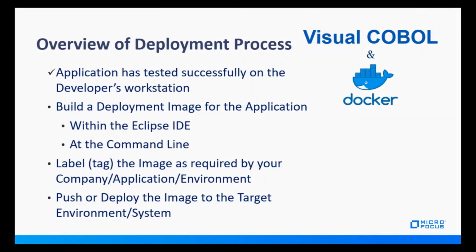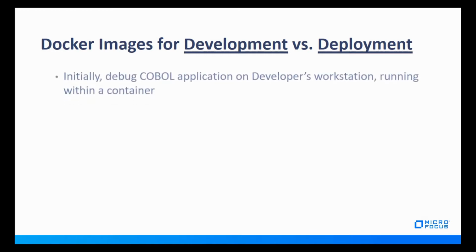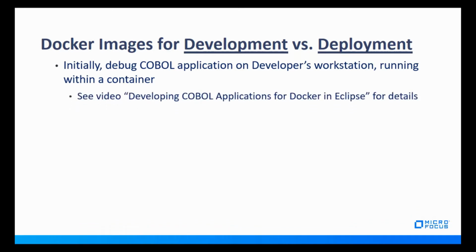Next, let's review a little background about the different types of Docker images that Visual COBOL for Eclipse can create. As just mentioned, a developer can initially build a COBOL application intended to run inside a Docker container and then debug it running locally within the Docker on their workstation. As a reminder, the steps for this are shown in a prior video, Developing COBOL Applications for Docker and Eclipse.